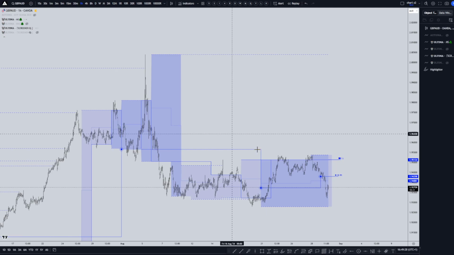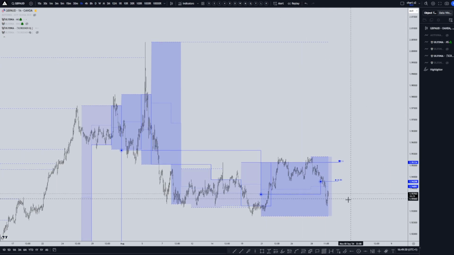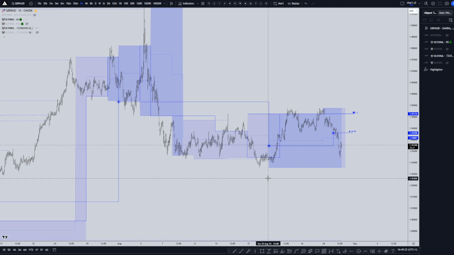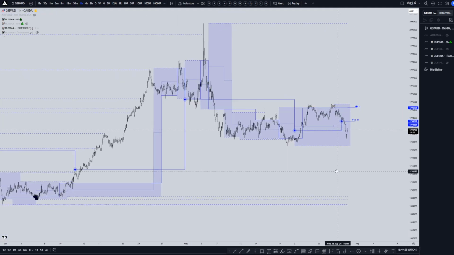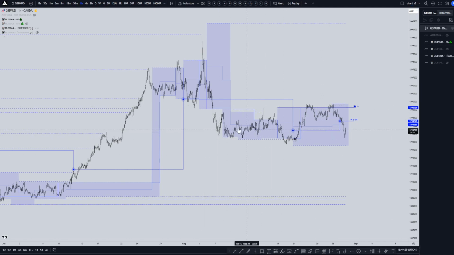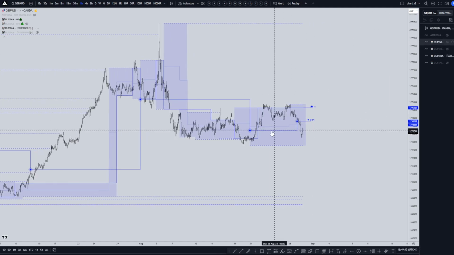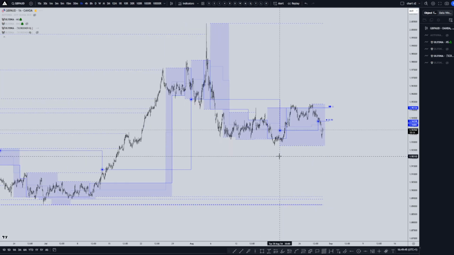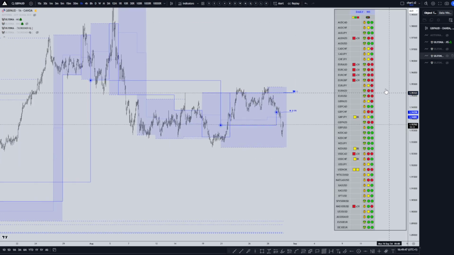Mainly what we need is the market structure cloud. Whenever price is inside the market structure cloud, that will be the accumulation phase. It will show the accumulation bag, so it means we are in accumulation.